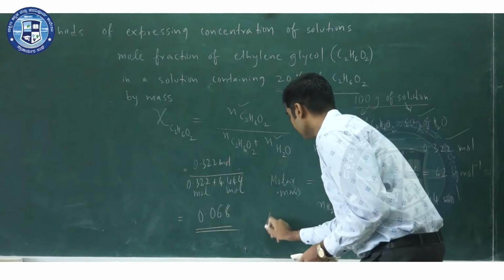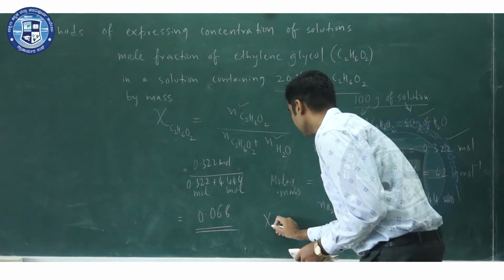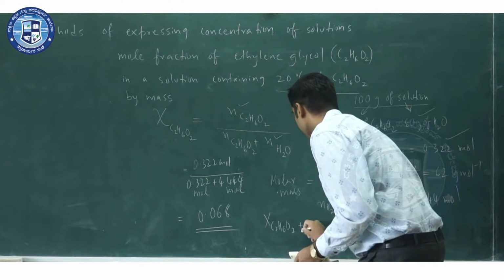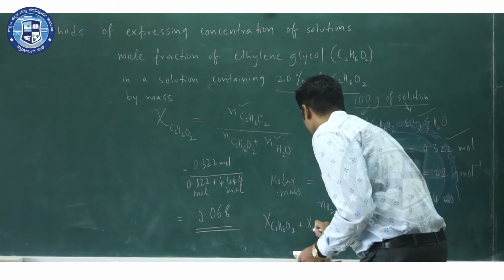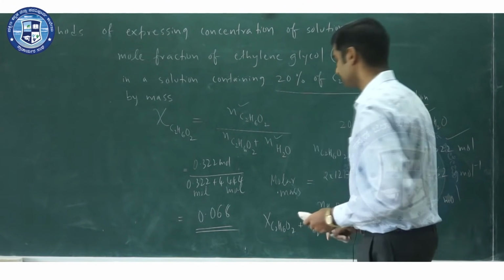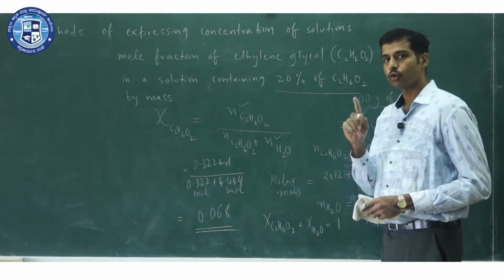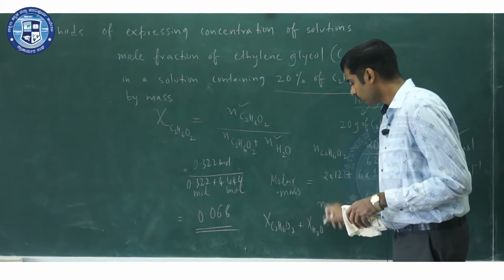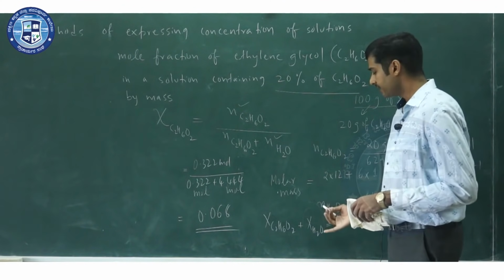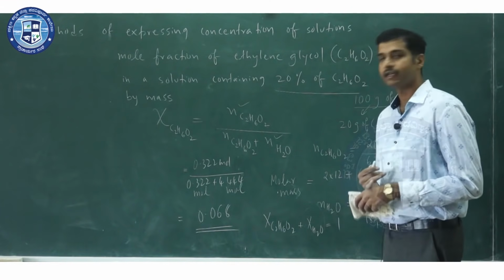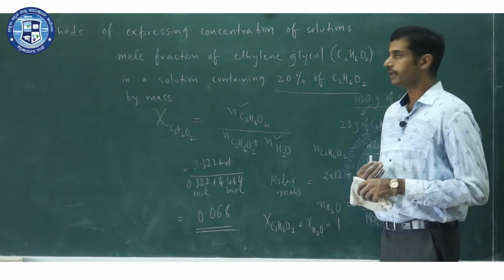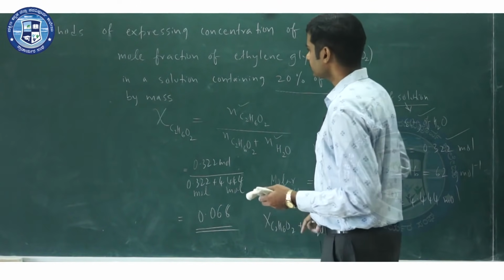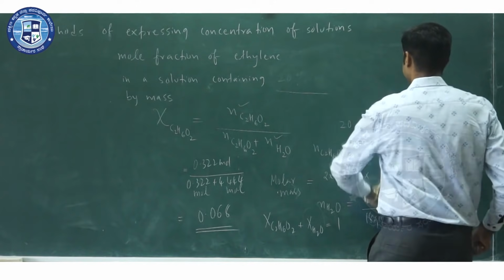We have mole fraction of ethylene glycol plus mole fraction of water is equal to 1. I learned earlier that the sum of the mole fractions of all the components is equal to 1. So mole fraction of water can be found easily since the mole fraction of ethylene glycol has already been calculated. So this is a problem related to calculation of mole fractions.